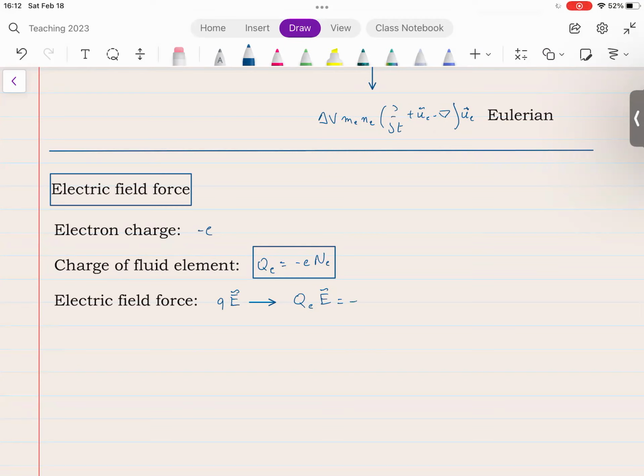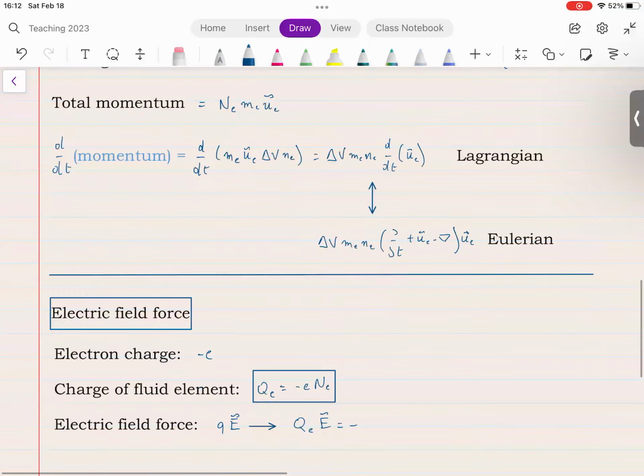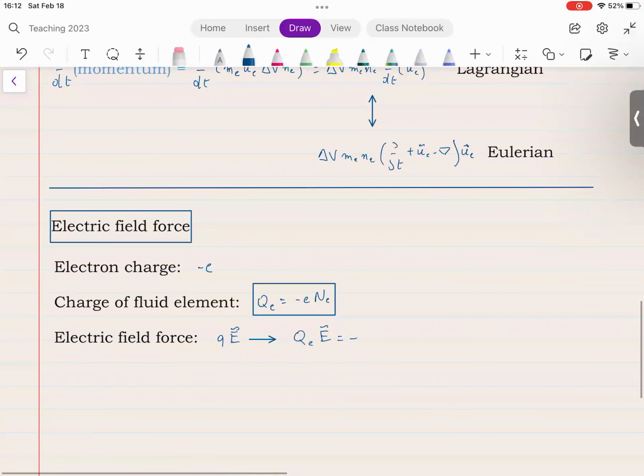What I have here is minus e times big N_e, which is delta V times lowercase n_e. I'm going to pull the delta V in front. At the end, I'm going to collect it like we did for the mass. Therefore, I get delta V times e times lowercase n_e times the electric field.